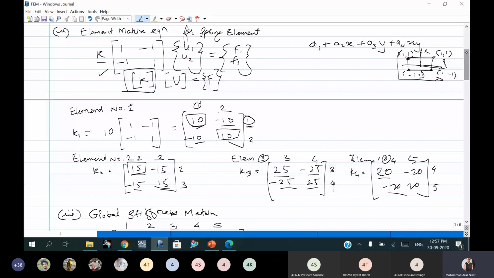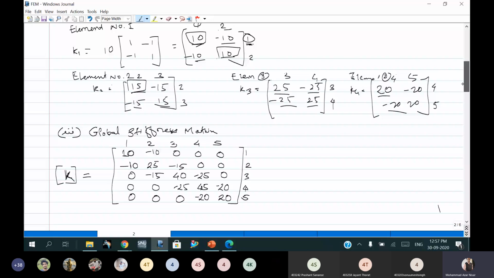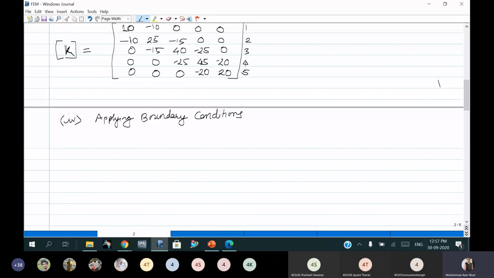So these are the boundary conditions. How to write that? You first write the equation capital K into capital U, that is the displacement, equals F, that is the forces. In this, node number 1 and 5 are fixed. So first we will rewrite all the capital K values.